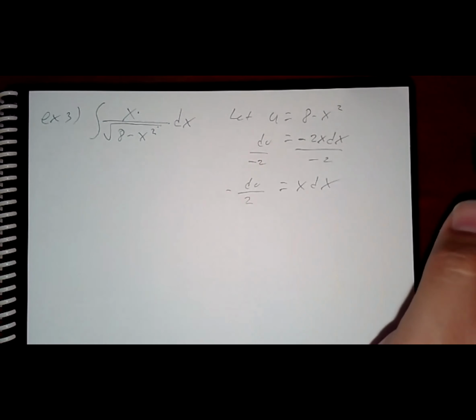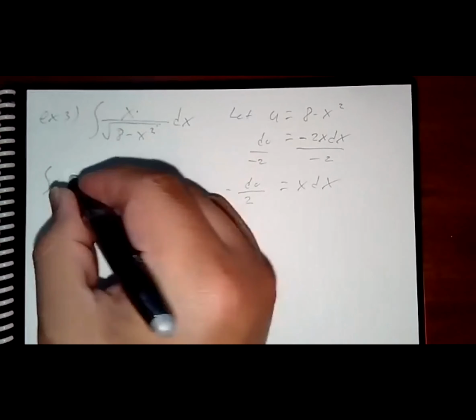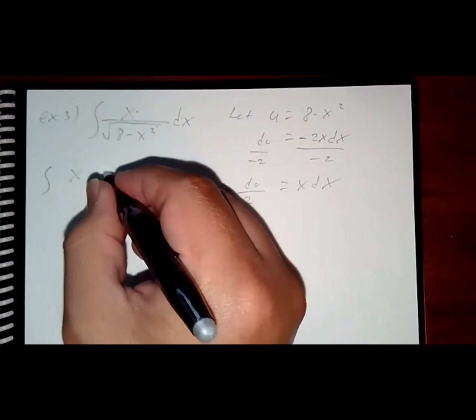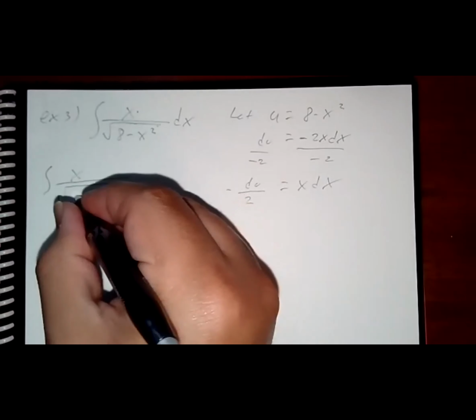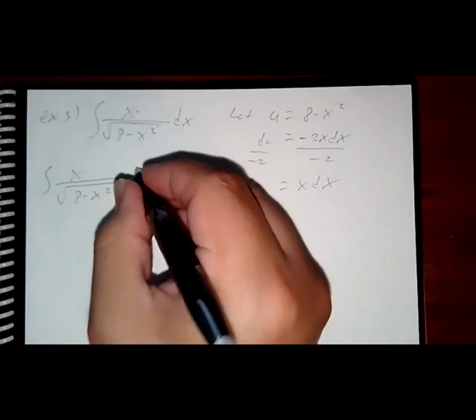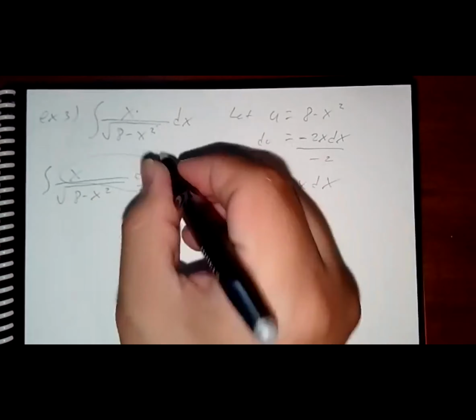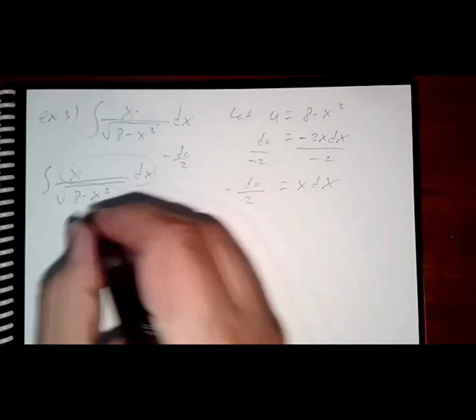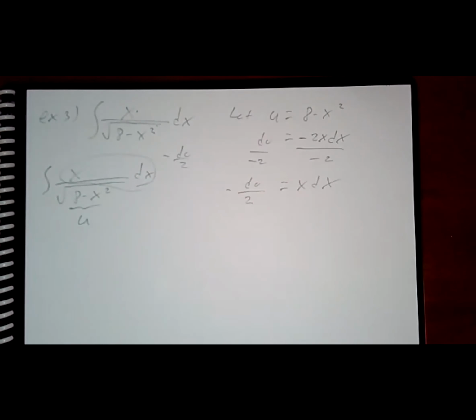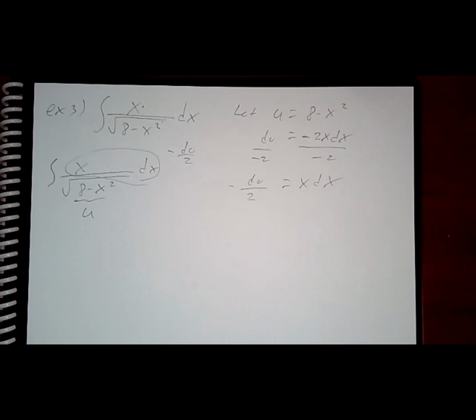So now let's replace, right? This is negative du over 2, and this is u.